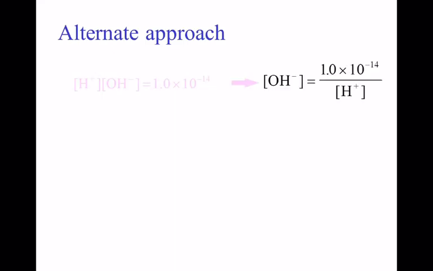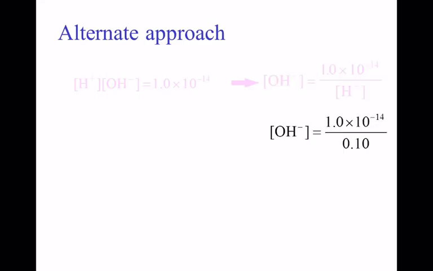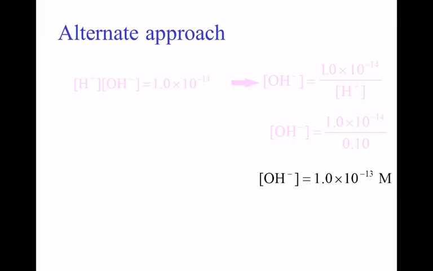So hydroxide ion concentration is Kw, 1.0 times 10 to the minus 14th, divided by the hydrogen ion concentration. And remember, the hydrogen ion concentration we knocked out really quickly because it was a strong acid, and we said that was 0.10. So now when you divide Kw by the hydrogen ion concentration, you do get 1.0 times 10 to the minus 13th.